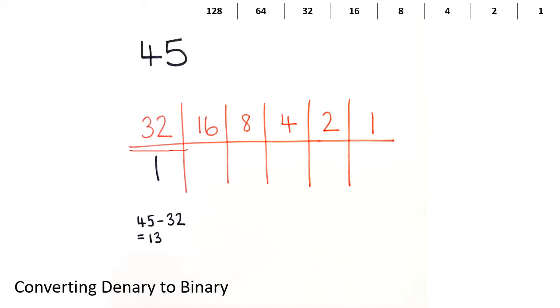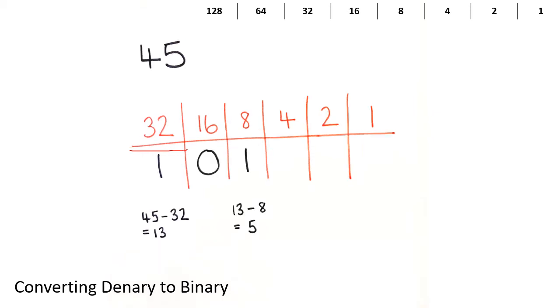So that won't fit 16, so we've got no 16s, but we will be able to fit 8 into 13. 13 take away 8, we have 5 left over. So with one lot of 32 and one lot of 8 in 45, we have 5 remaining.